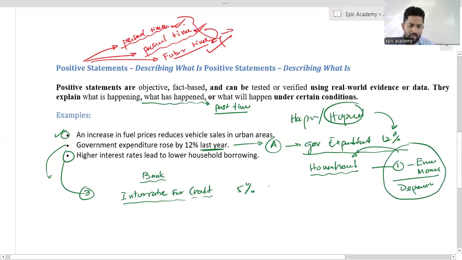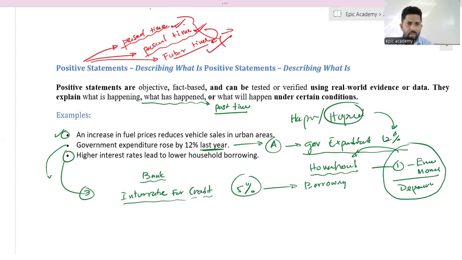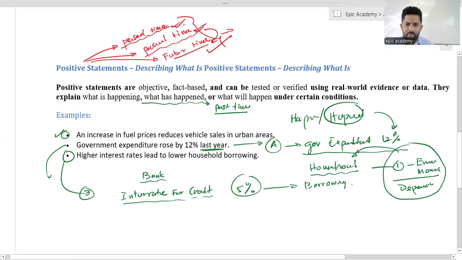So then the bank interest rate for credit is 5%. Then households try to get borrowing because the interest rate is very low. Okay, they can take borrowing and according to their purpose, they can purchase many things: vehicles, land, buildings, anything can be purchased by using that borrowed money. But suddenly the situation changed to a second situation. This is the first.